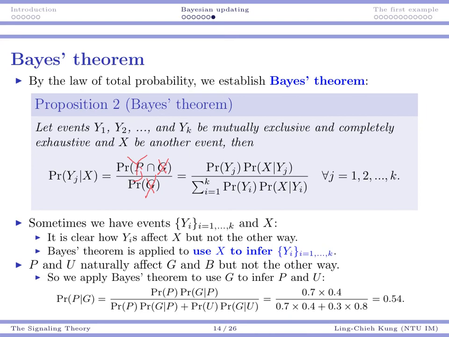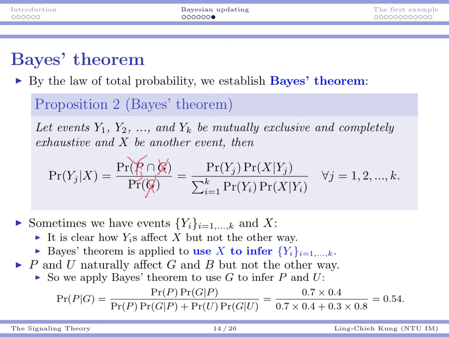So this is how we update our belief based on an observation. When we are mapping this general formula to the previous example we gave to you, then y1, y2 are popular or unpopular, and x, your observation, is going away or buying one product. Okay, that's how this maps to our specific example.